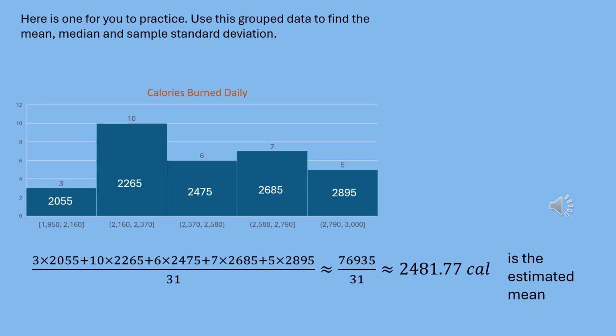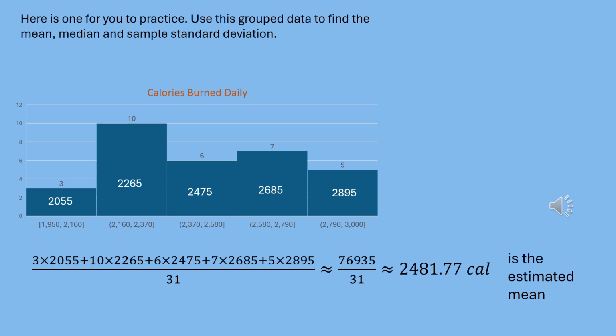So to estimate the mean, we're going to add all of our data, but 3 of the data values are 2,055, 10 of the data values are 2,265, 6 of the data values are 2,475, 7 of the values are 2,685, and then 5 of the values are 2,895.